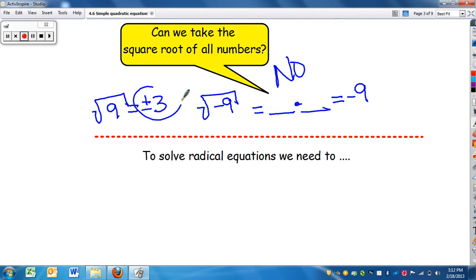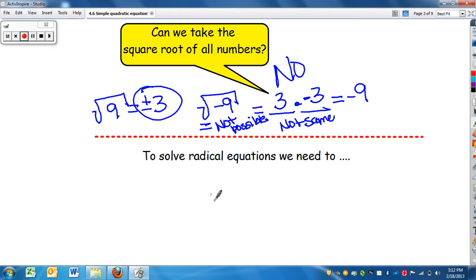Well, the only way to get negative 9 is 3 and negative 3, and 3 times negative 3 are not the same. So since our two numbers are not the same, this is not possible. So when we get this situation where we're solving equations, this is going to be our no solution.